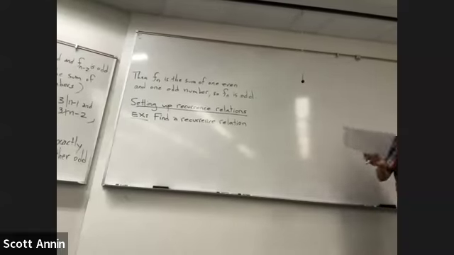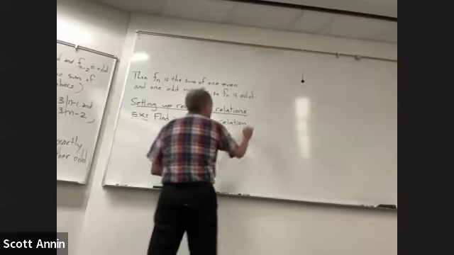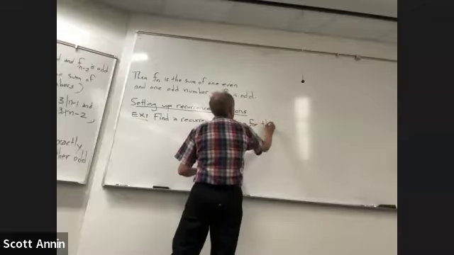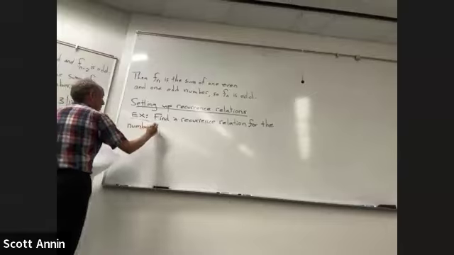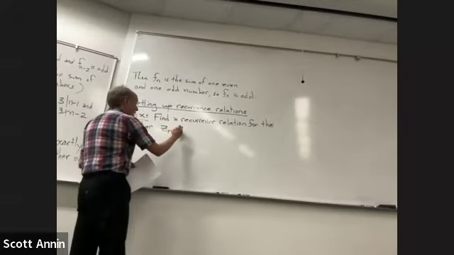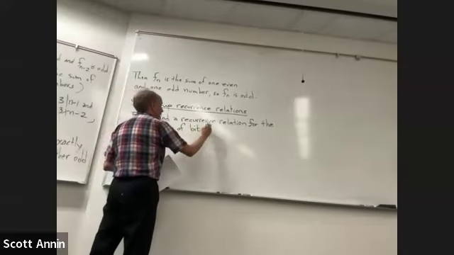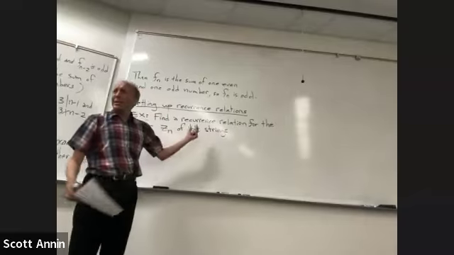Find a recurrence relation, and I'll just reiterate one more time: there could be many right answers. There can be many recurrence relations that we can use. Find a recurrence relation for the number, which I will call Z sub n, of bit strings. I guess I haven't talked about these, have I?